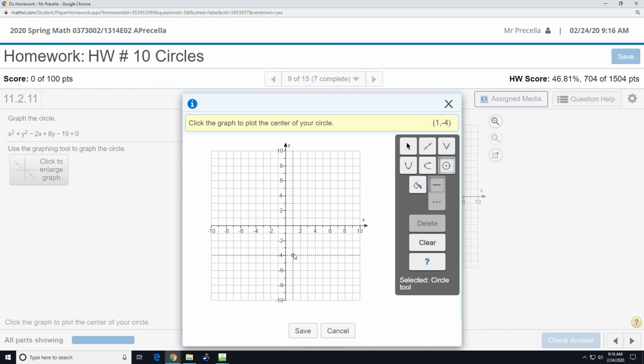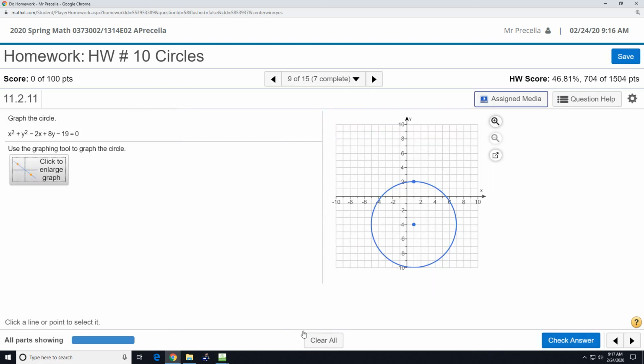That's the center. And then move over 6. Well, I think I'll move up 6. I move up 6. Or if you want to move right 6, 1, 2, 3, 4, 5, 6. You're still getting the same circle. Save it. And check it.